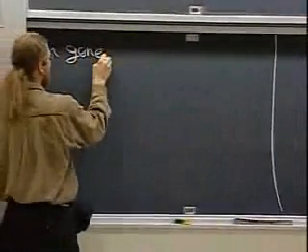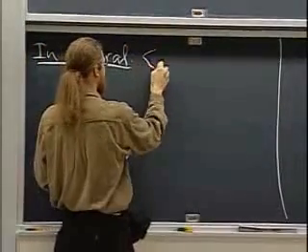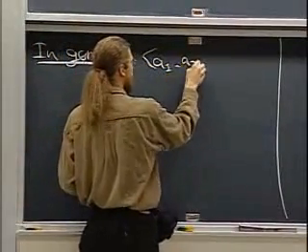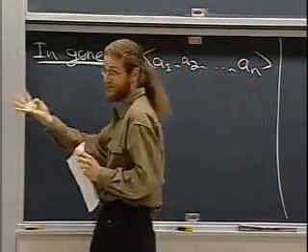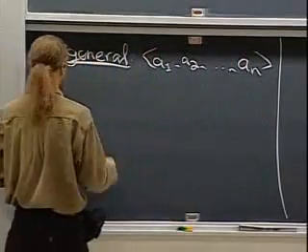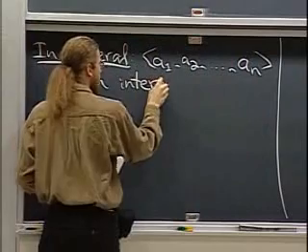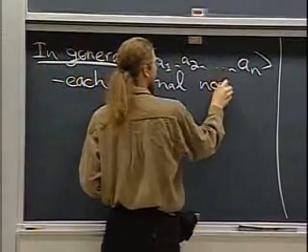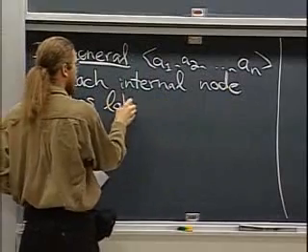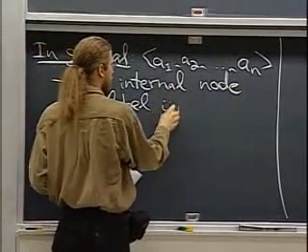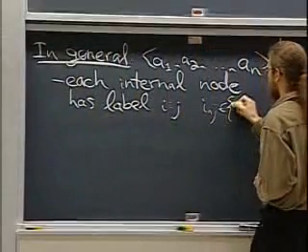So in general, we have n elements we want to sort. I only drew the n equals 3 case because these trees get very big very quickly. Each internal node, so every non-leaf node, has a label of the form i colon j, where i and j are between 1 and n.